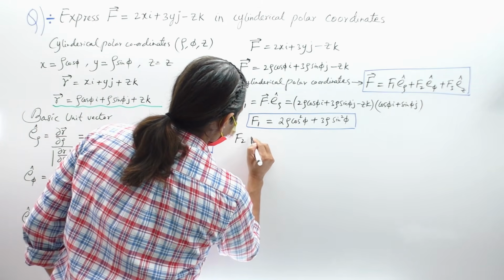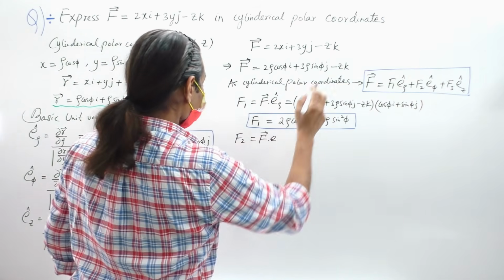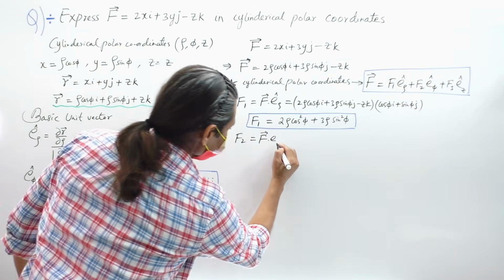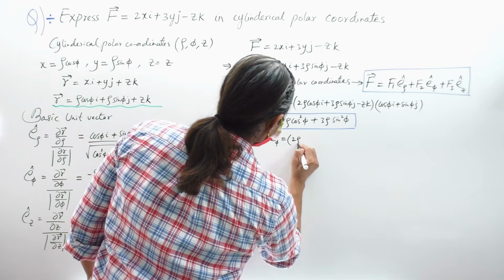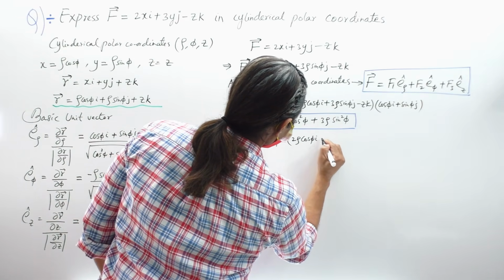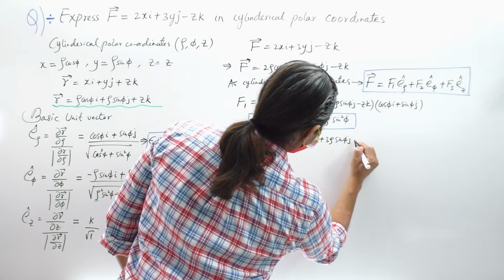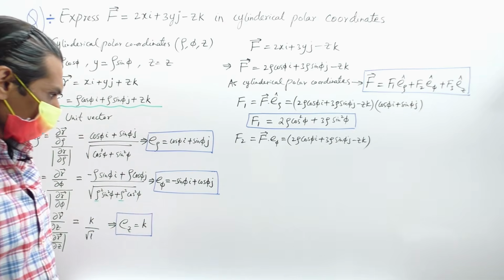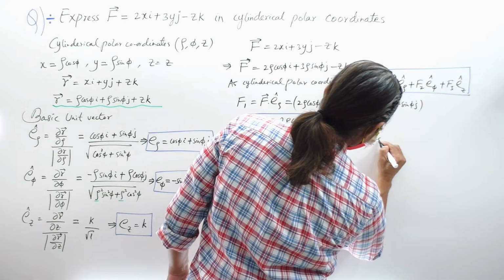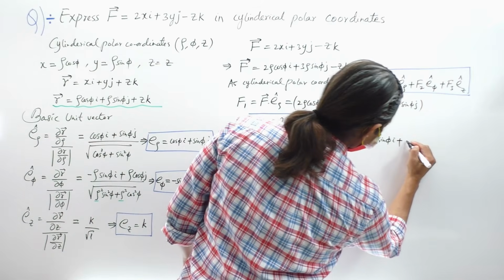Next is F2. F2 is equal to F vector dot e_φ. It will be again 2ρ cos φ i + 3ρ sin φ j − z k, dot e_φ. What is e_φ? Minus sin φ i plus cos φ j.